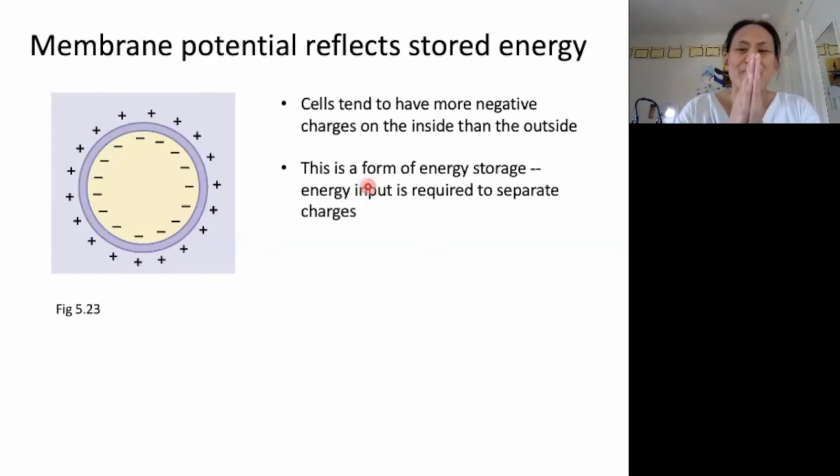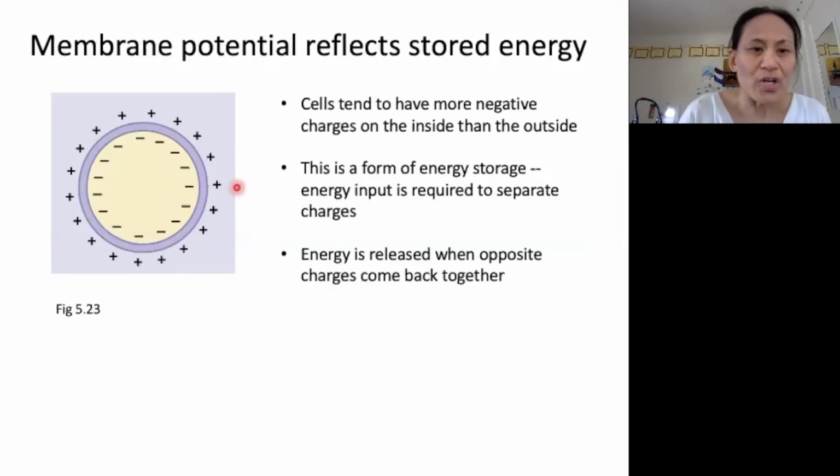Therefore, if you separate those charges from each other, that requires an input of energy. They like to be together. It takes work to separate them from each other. So when you see charges separated across a membrane like this, that means that there is energy being stored in that separation of charge.